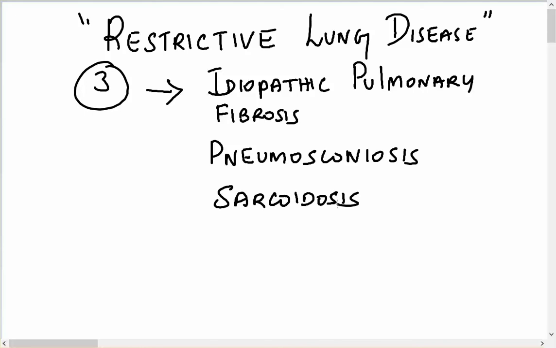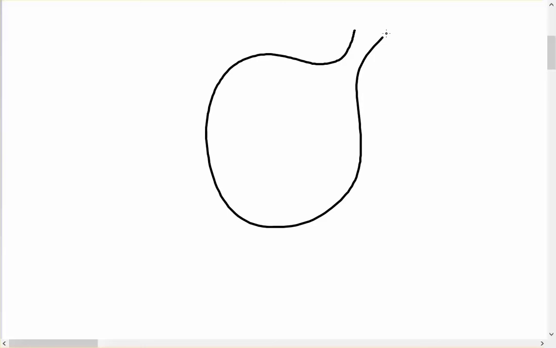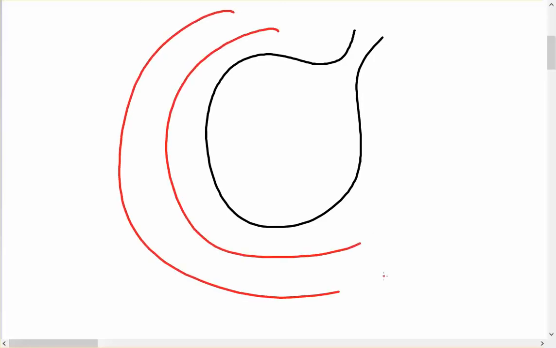Okay, so as I said, all these diseases are restrictive lung diseases, which means, we have an alveoli, and you all know the alveoli is surrounded by capillaries.